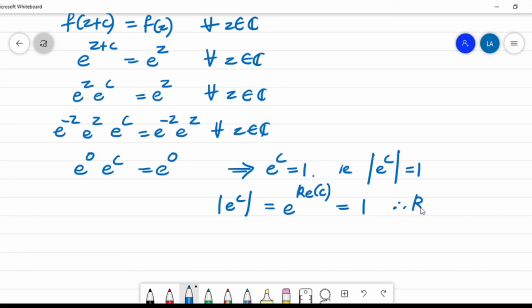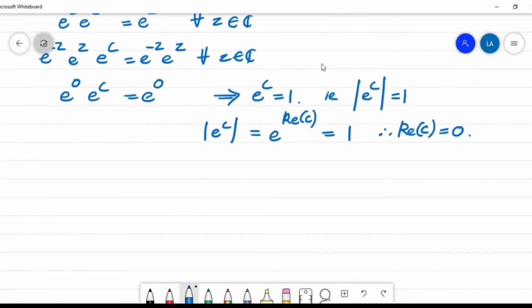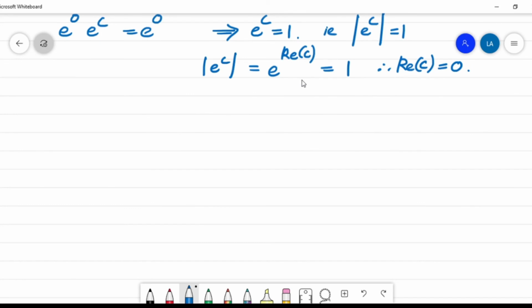That we know the real number should be 0, right. So, we got that the period C is purely imaginary, since real part of C is equal to 0.